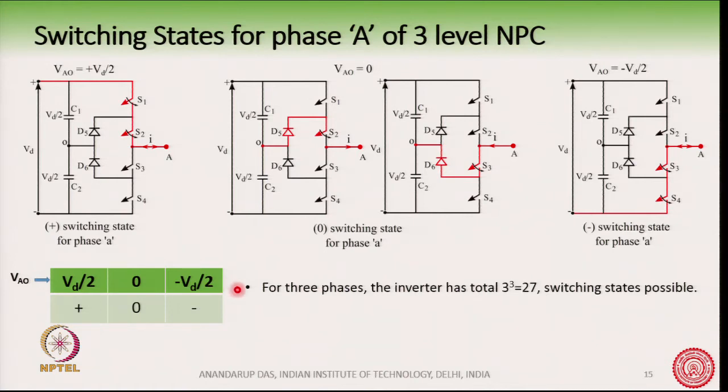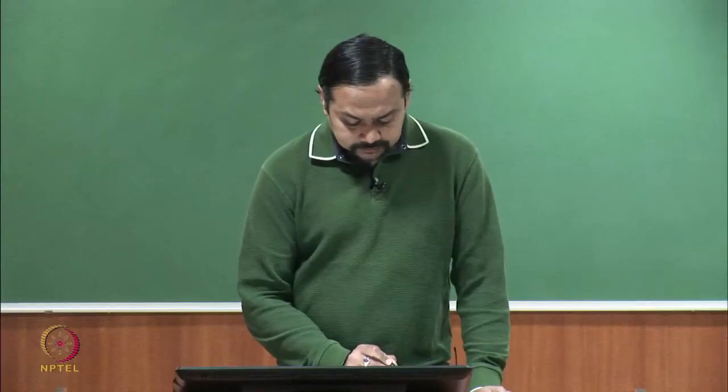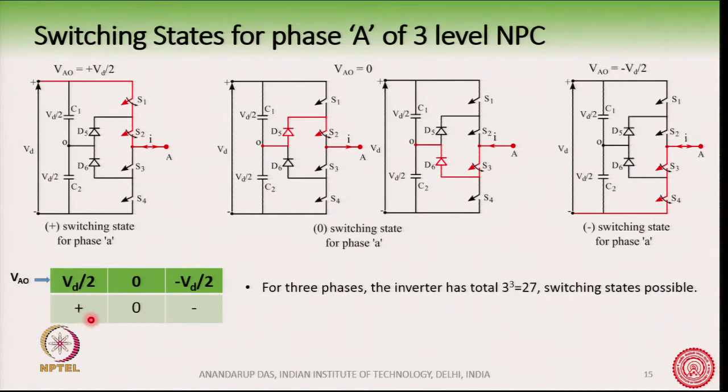These are the 3 possible voltage levels at the point A with respect to the point O. These 3 voltage levels are denoted by plus, 0 and minus in the subsequent discussion. We have already covered these directions of current which flow when these different types of switching states are used.